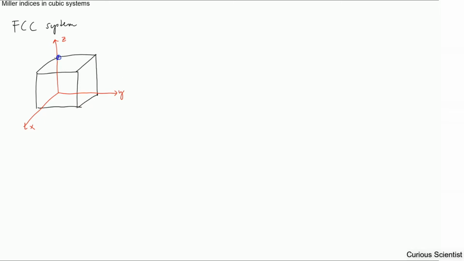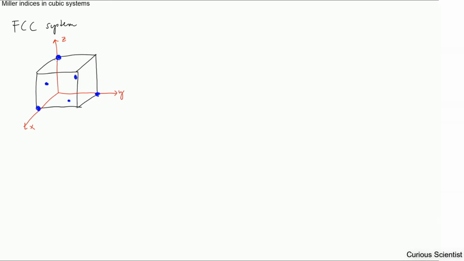So we have an atom in the corner, right? And then we have an atom on the face on the XZ plane. So there is one here, and then in this corner, and then I put another atom on the ZY plane somewhere there, and then one in this corner, and then another face is the XY plane, so this.